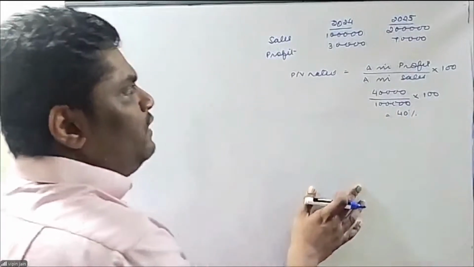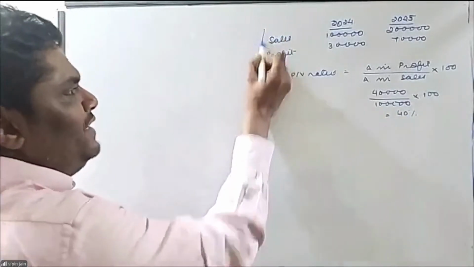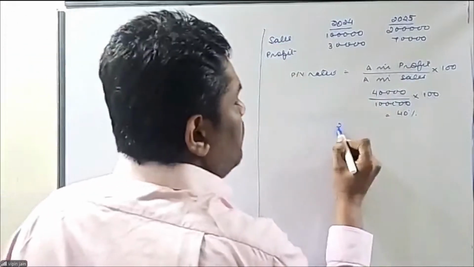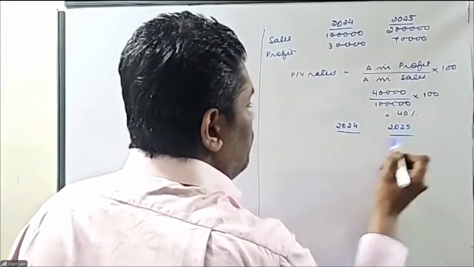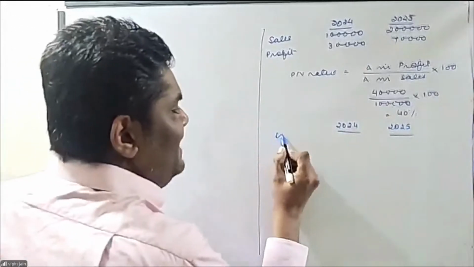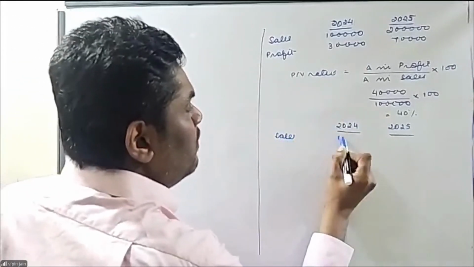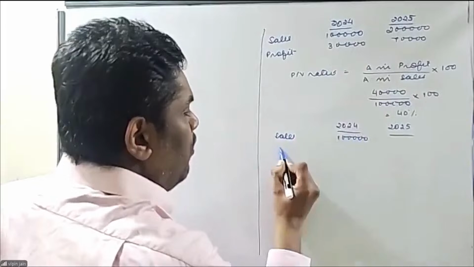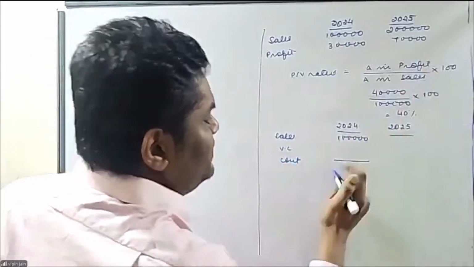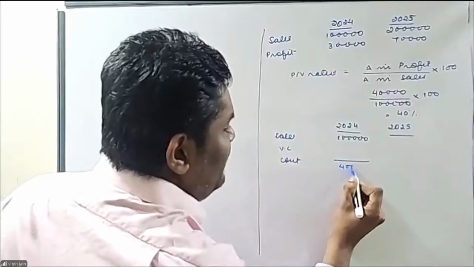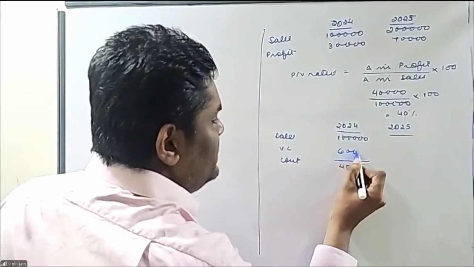Once PV ratio is calculated, we can easily calculate the fixed cost. So my sales is 1 lakh. Since my PV ratio is 40%, my contribution will be 40,000 and this will be 60,000.